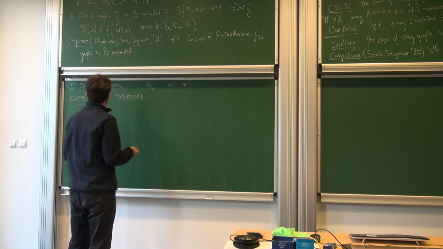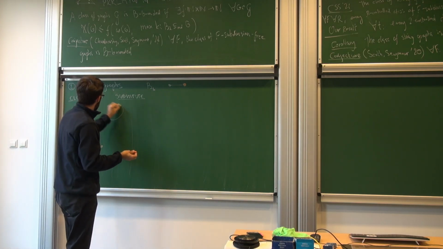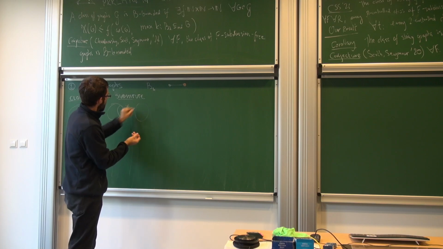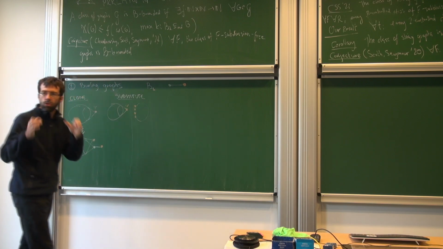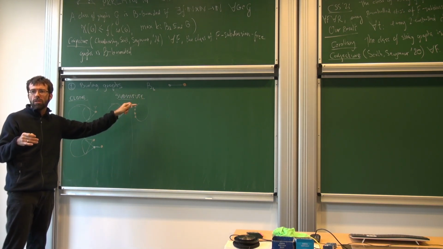Another operation, let's call it substitute. In this operation, we have a graph with a marked vertex, again let's call it V. And we have another graph, but in this other graph we consider all marked vertices together. So these are now all the marked vertices in this other copy.